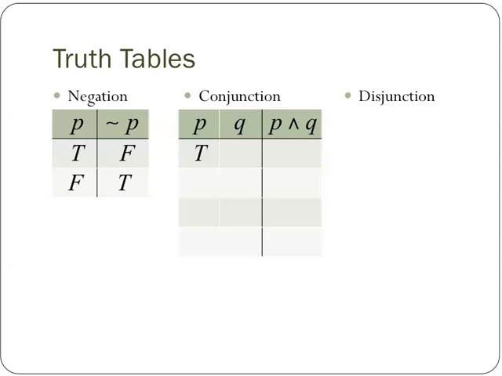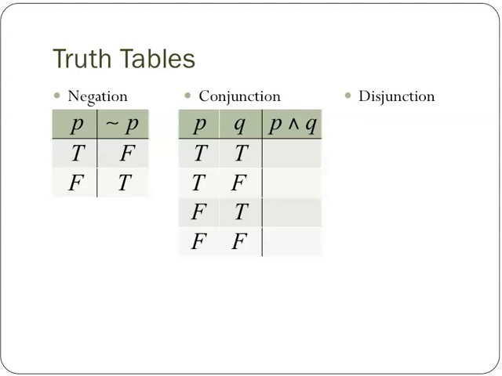So let's go ahead and write out all those possibilities. P and Q could be both true. P could be true and Q could be false. P is false and Q is true. And P is false and Q is false. So those are all the possible combinations of the two statements being true or false. So with a conjunction, P and Q, is that going to be true or false?